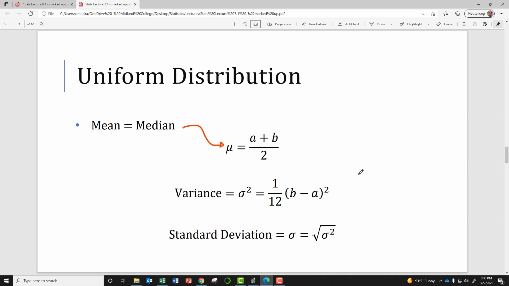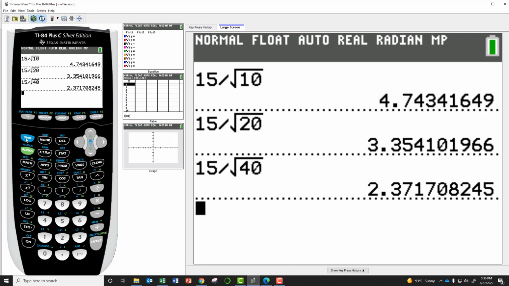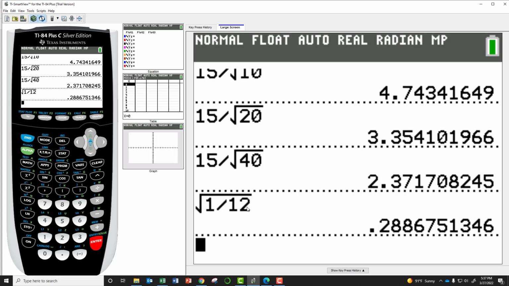So when we use the 1/12 of b minus a squared, that's 1/12 of 1 squared, or the variance here is 1/12. So that means the standard deviation is going to be the square root of 1/12. So we do square root of 1 divided by 12. And that's 0.289.